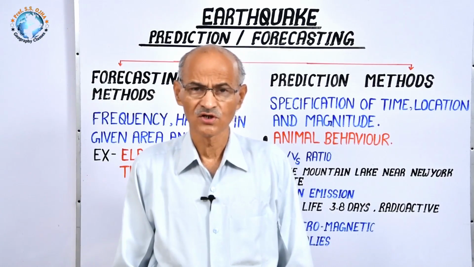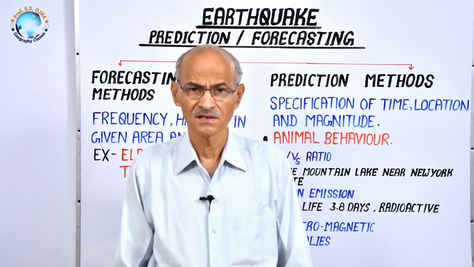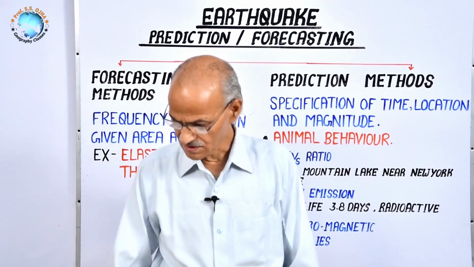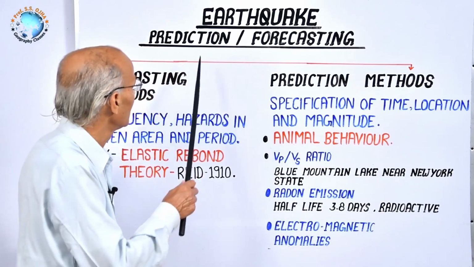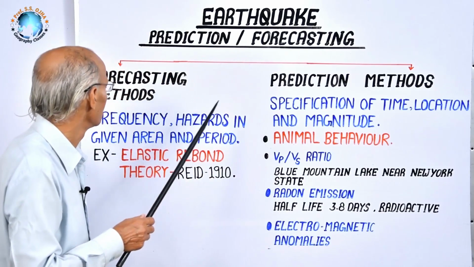Earthquake is a natural disaster. Its consequences are very bad and fatal. That's why seismologists and common people are also concerned with its prediction and forecasting. So earthquake prediction and forecasting are two different things.